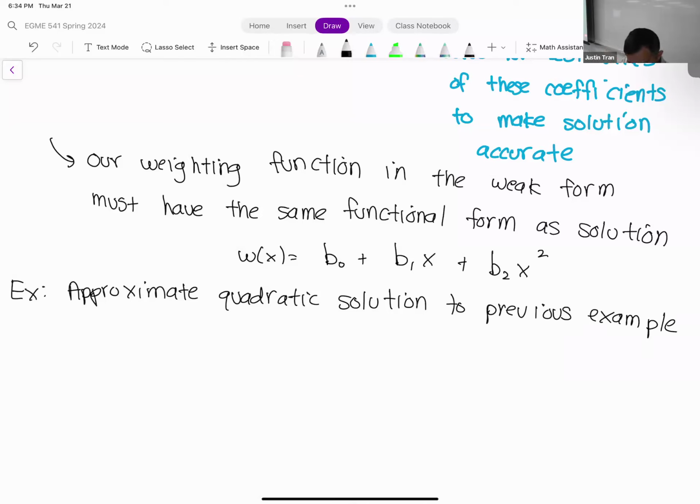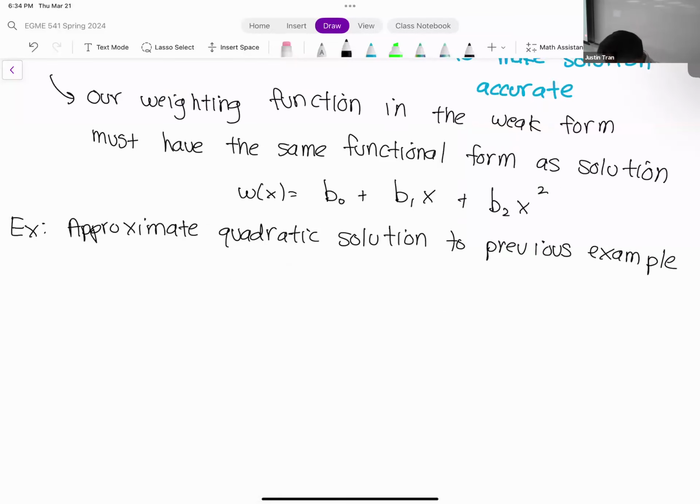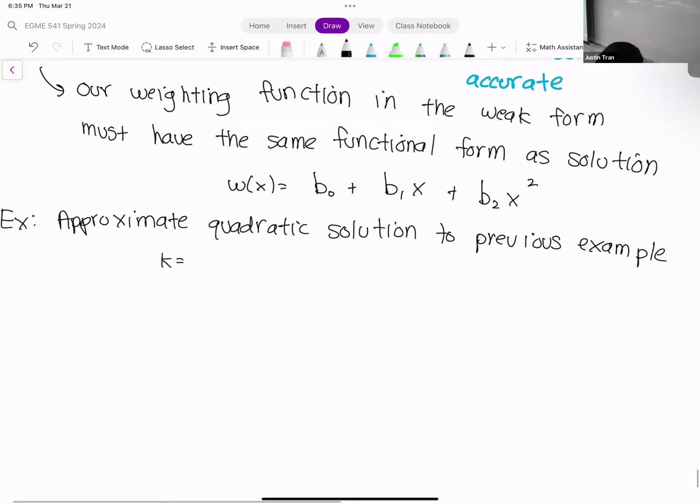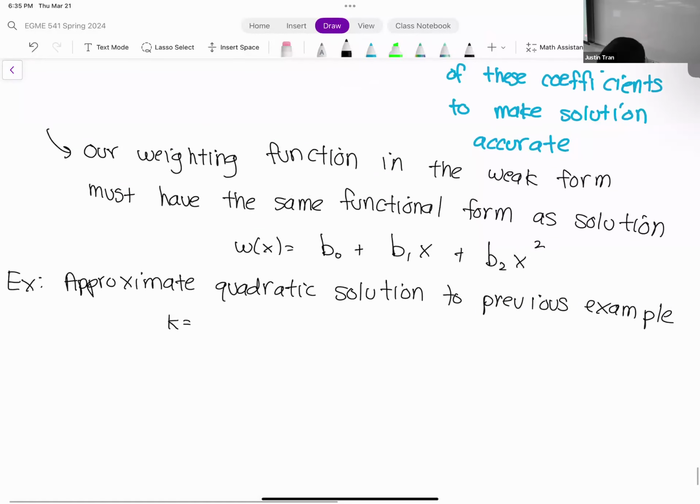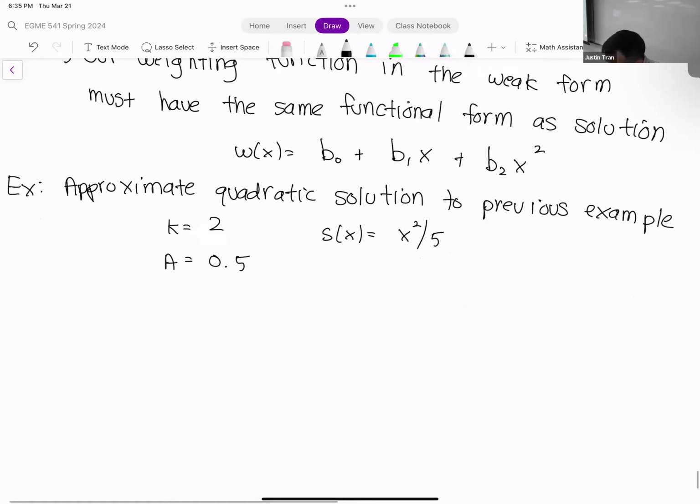Just to remind you, in our last example, we have k equal to 2, A equal to 0.5, and S of x equal to x squared over 5. Our Dirichlet boundary condition is T of 0 equal to 25, and our Neumann boundary condition is dT/dx at x equal to L equal to 0.